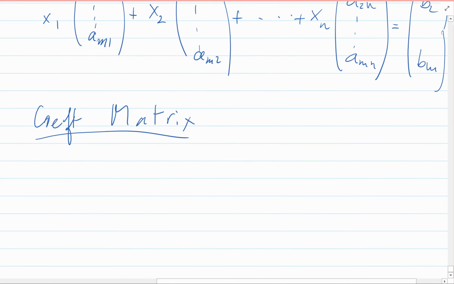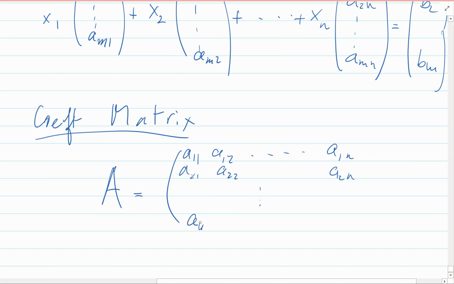So we have A11, A12, A1n, the first row, sorry, then A21, A22, A2n, and the last row will be Am1, Am2, Amn. So remember, the rows are exactly the number of equations, m, and the columns are the number of unknowns.